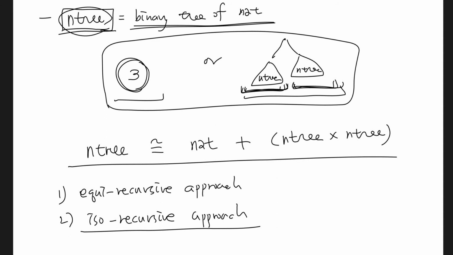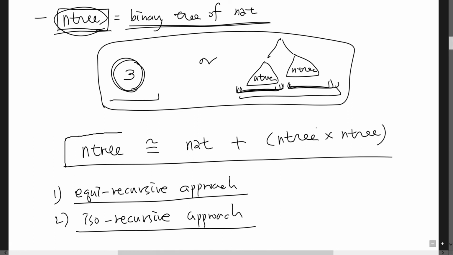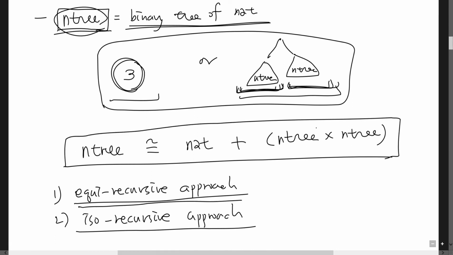But let's briefly talk about the equi-recursive approach, which stands in contrast to the iso-recursive approach in interpreting this equation. In the equi-recursive approach, this symbol literally means equality.